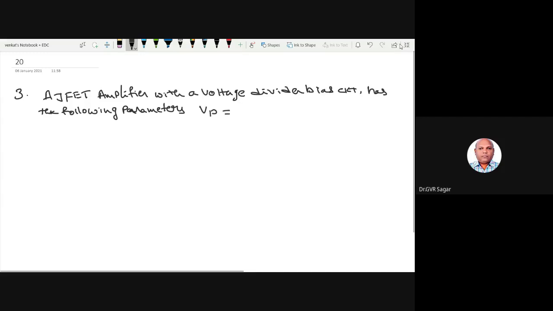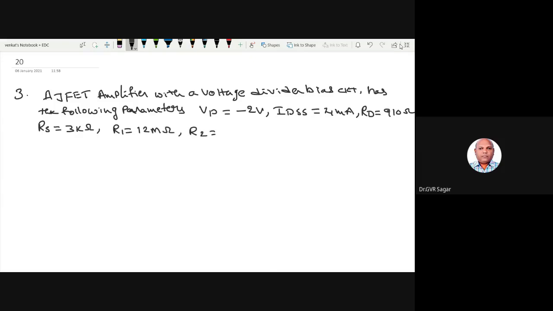VP equal to minus 2 volts, IDSS equal to 4 milliamp, RD equal to 910 ohms, RS equal to 3 kilo ohms, R1 equal to 12 mega ohms, R2 equal to 8.57 mega ohms, and VDD equal to 24 volts.